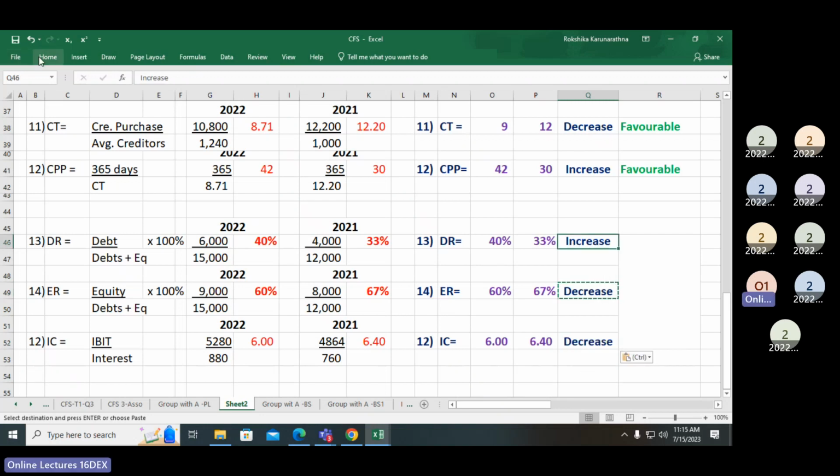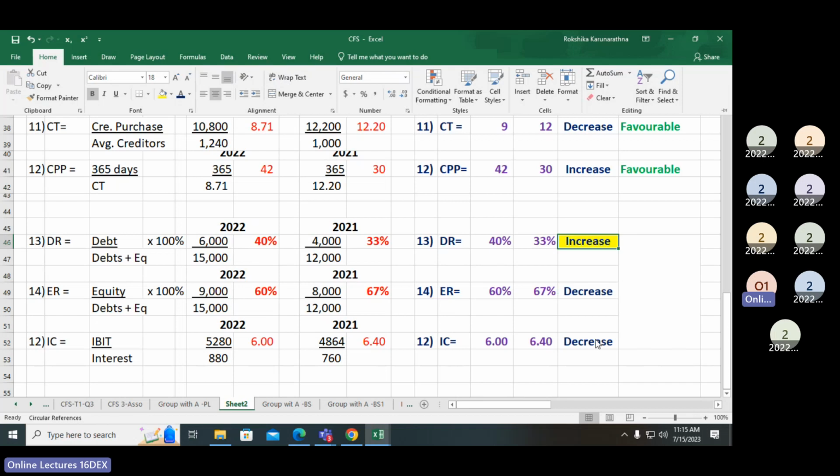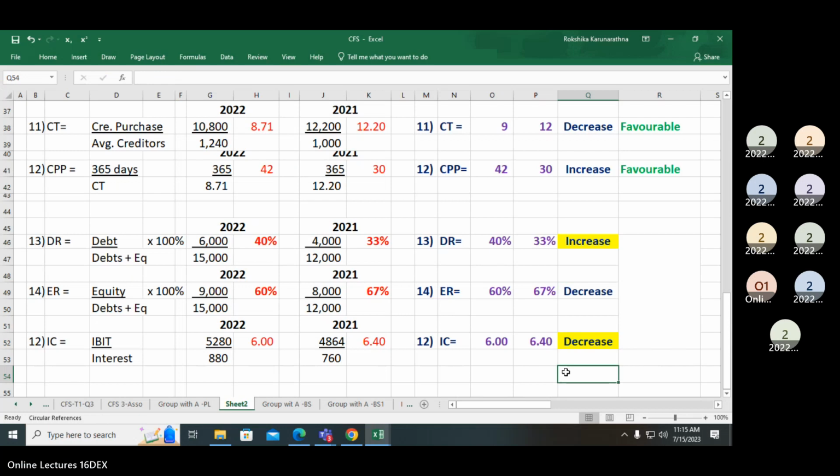So for the overall comparison, we can compare debt ratio increase and interest cover decrease. Debt ratio increase means risk increases, unfavorable. Whereas interest cover, to a certain extent, relates to the return. So interest cover decrease means return decreases.